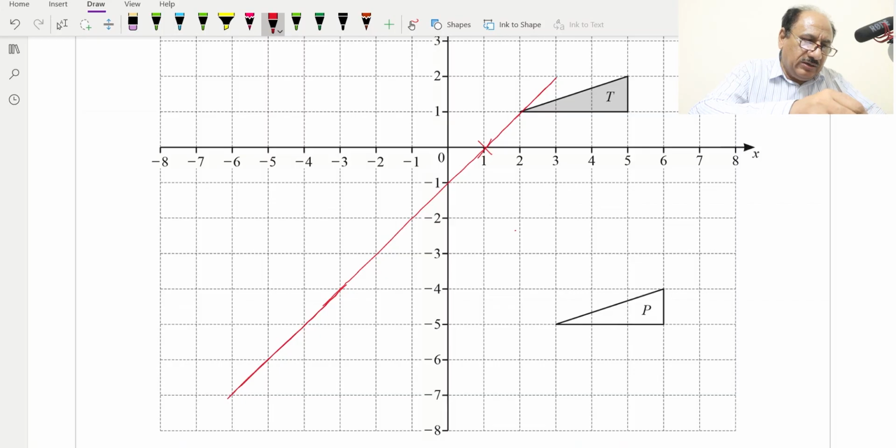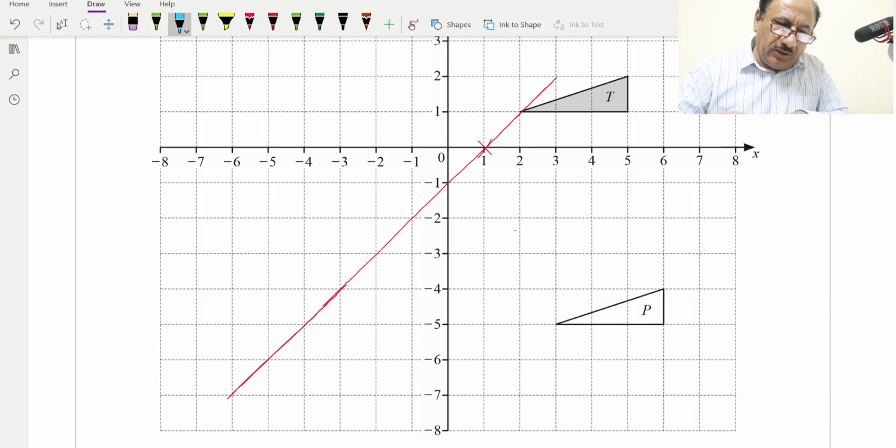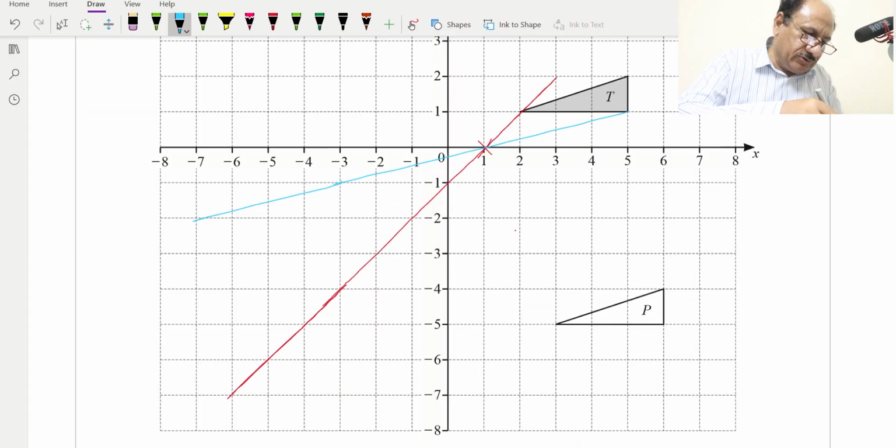Now the second line which we can take is from the other vertex, and this should also pass through the center of enlargement, and this will be passing through this point, and hopefully we are getting the right things. So I'm trying to be as accurate as possible.